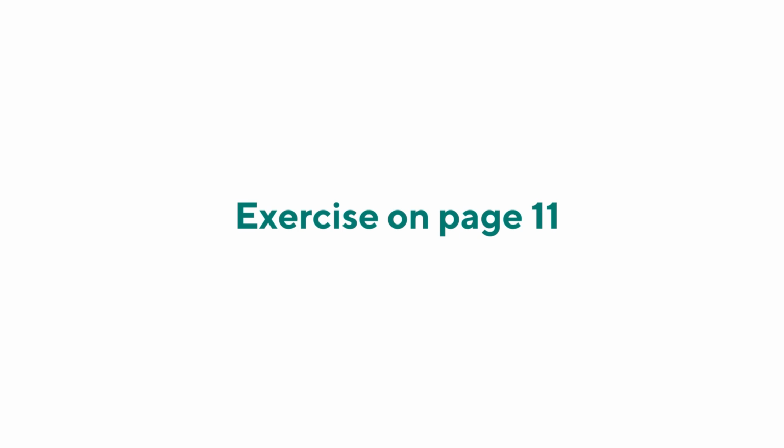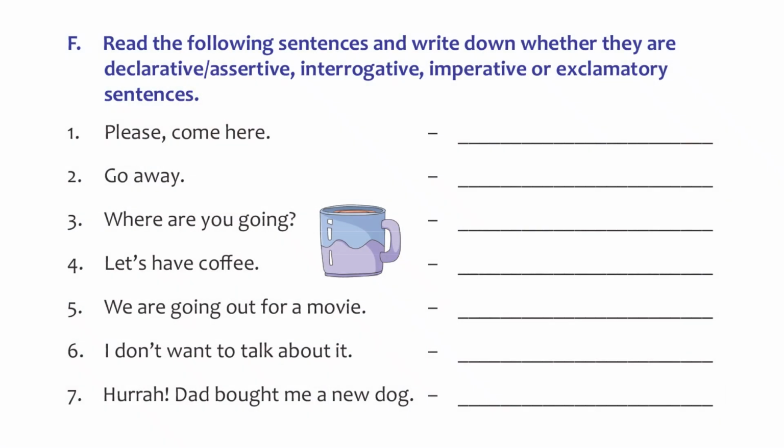There is an exercise that's given where you have to decide what kind of sentence each one is. Let's look at it. 1. Please come here. It's an imperative sentence. Expresses a command or a request. Second one, go away. Imperative sentence. Third one, where are you going? Easy.